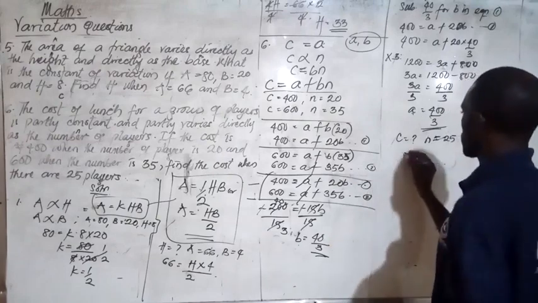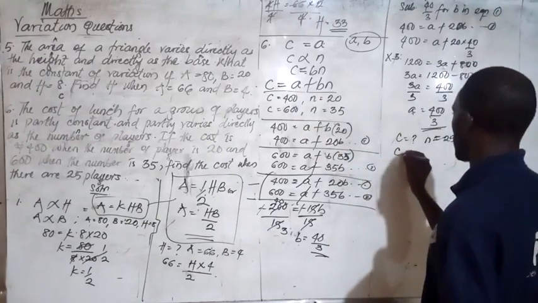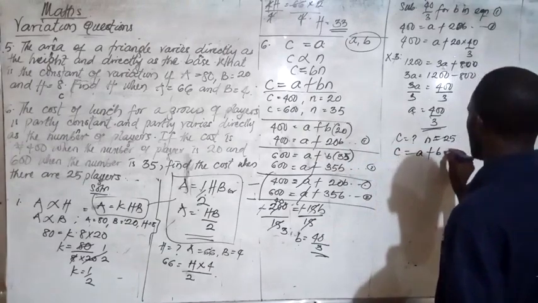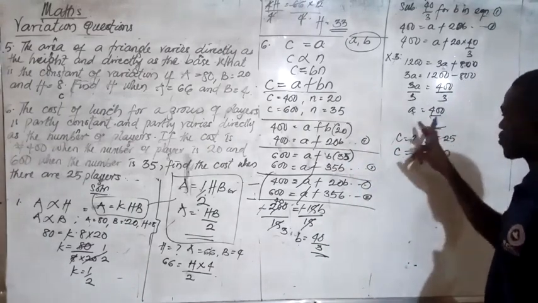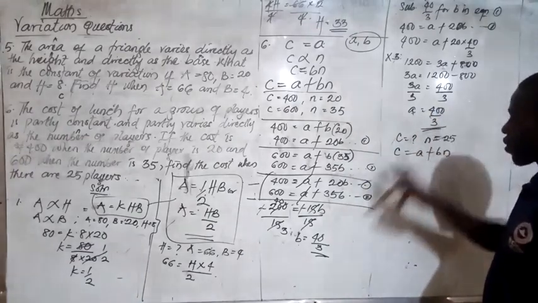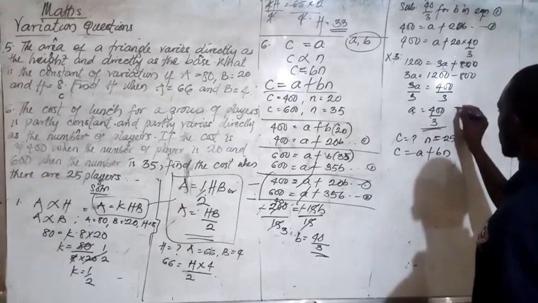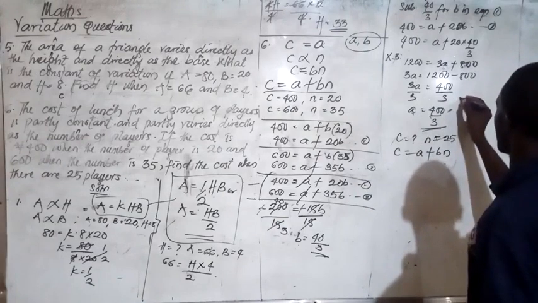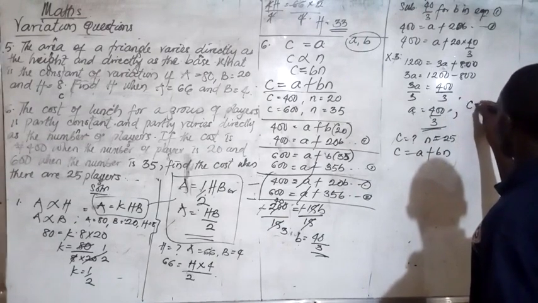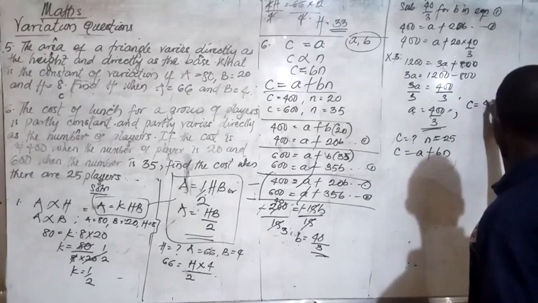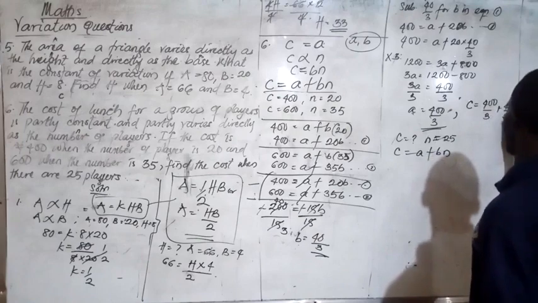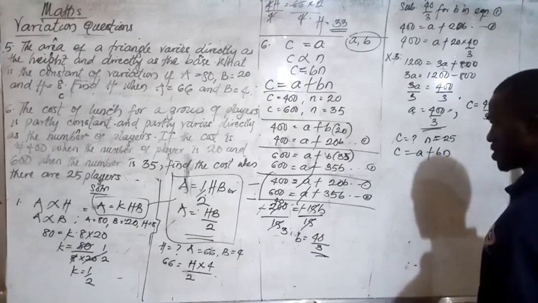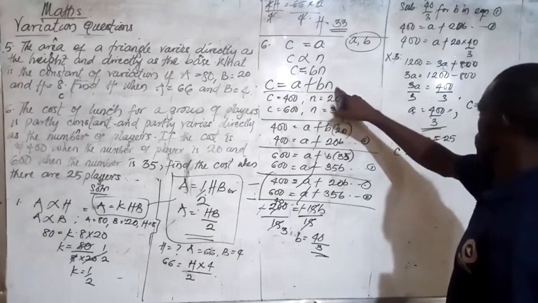Since C, according to the equation, is equal to A plus Bn, if we were asked to find the equation connecting them, we'll simply substitute these two values of the constants into the equation, so that the equation connecting them is going to be C equals A, which is 400 over 3, plus 40 over 3n.